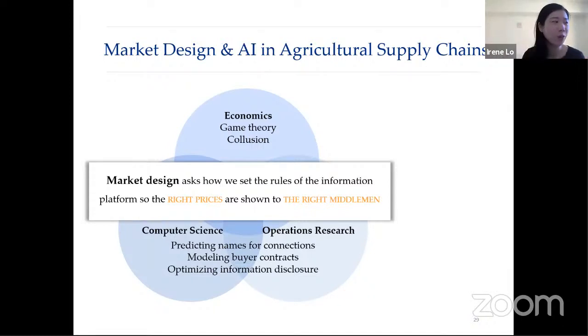And so if we want to see who has connections where, there's some prediction that needs to be done for names. Something I didn't include on this slide is that the way we collect information on the app is from people taking pictures of receipts. And so there's a lot of machine learning going from the picture of the receipt to text recognition and trying to extract the information from the receipt.